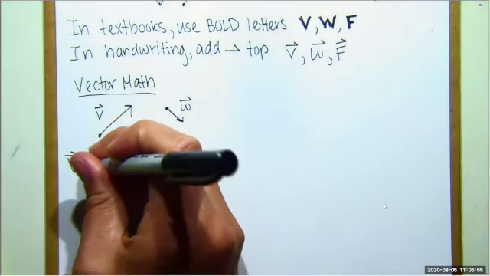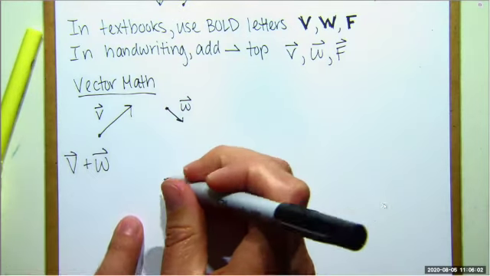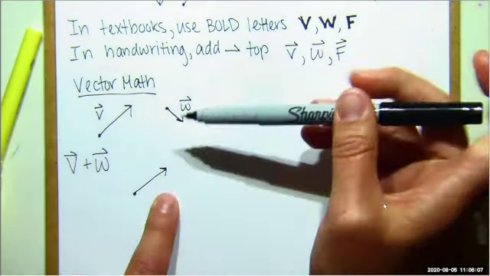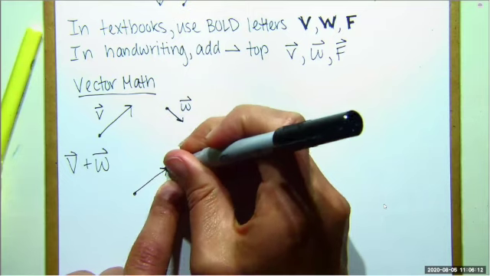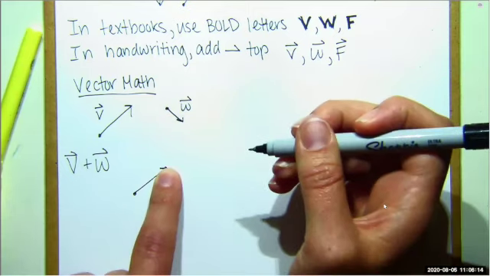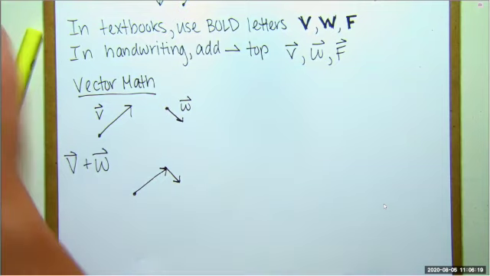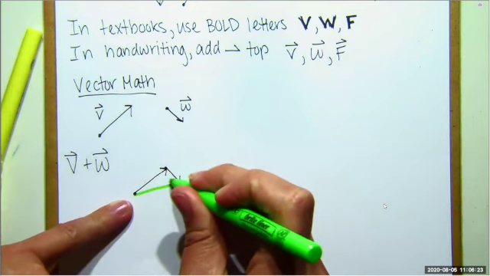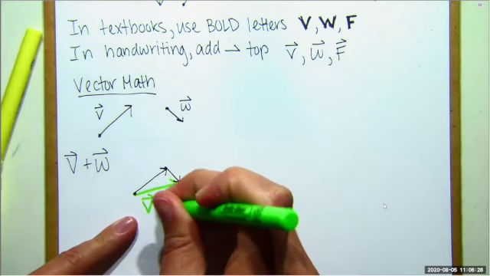So I'm going to take V plus W. So what I want to do to find V plus W is I start by drawing my vector V. And then at the end of vector V, I'm going to put the beginning of vector W. Okay, so here's V, here's W. So V plus W is the vector that goes from the beginning of V to the end of W. So this green vector is V plus W.